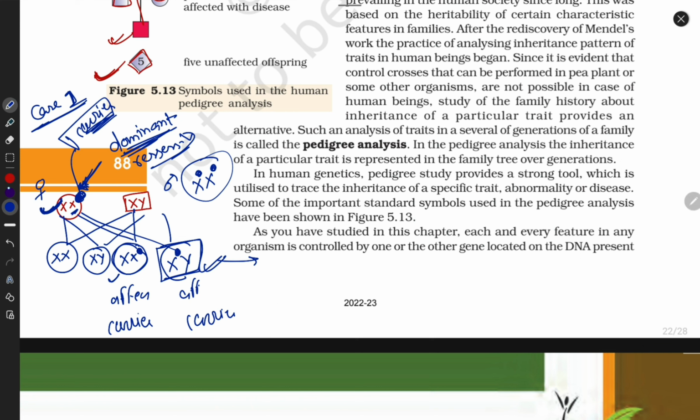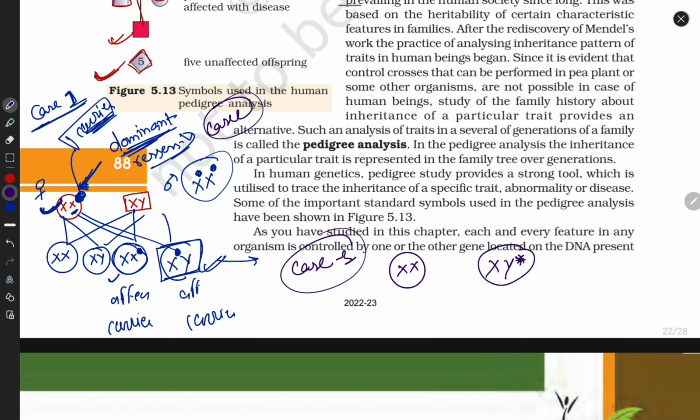Okay, assume guys, let's take another case. This is case 2. Another one is case 3. Assume guys, here the Y chromosome of the boy is affected. If he mates, then what happens? Is the first child normal or what? Of course normal.